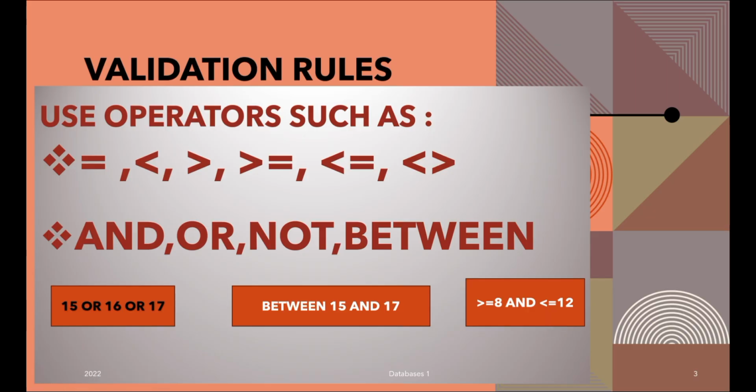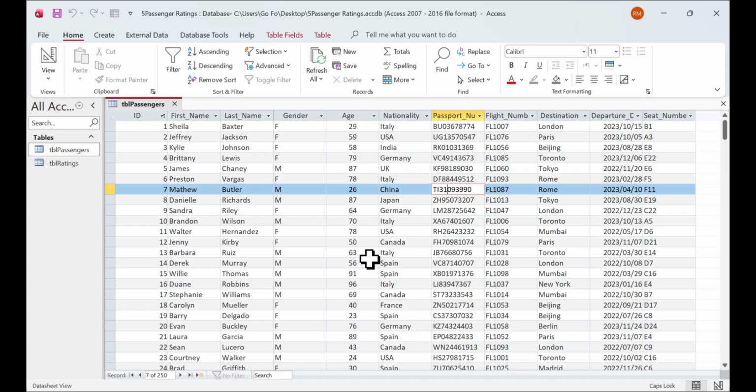Okay, now let's go straight to our database. We want to make sure that only passengers who are 18 and above will be permitted to continue booking their tickets for the particular airlines that we are seeing here.